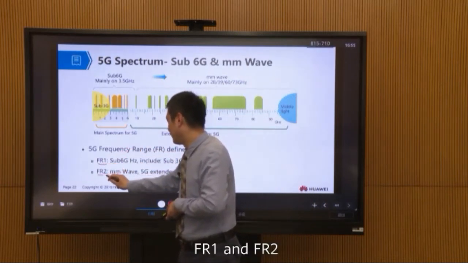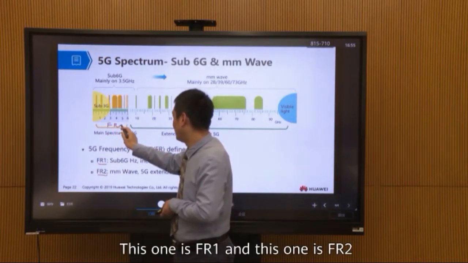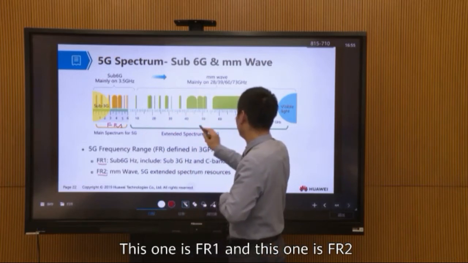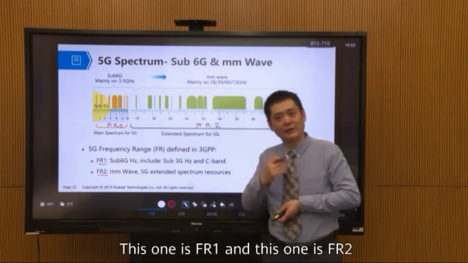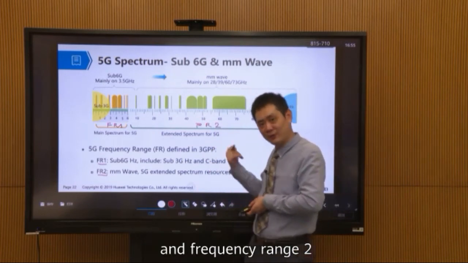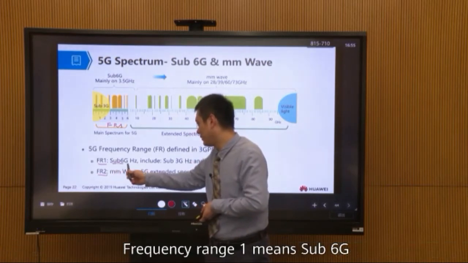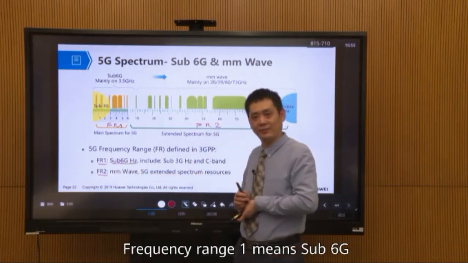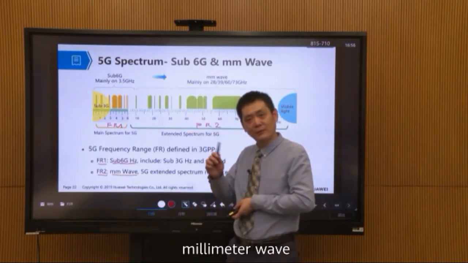FR1 and FR2, frequency range 1 and frequency range 2. Frequency range 1 means sub-6G, and frequency range 2 means mm wave, millimeter wave.